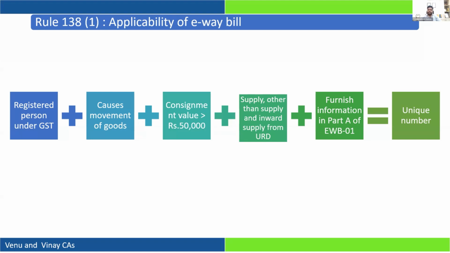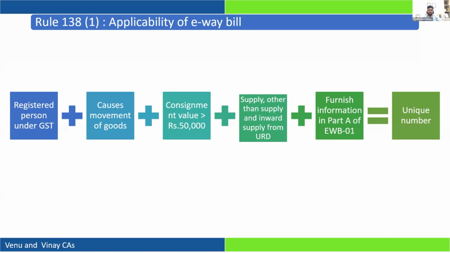Even if it is not a supply, even in the case of other than supply, we need to raise the e-way bill. Therefore, not only for supply, even for other than supply and inward supply from an unregistered party, in that case also we need to raise the e-way bill. So this is all about the applicability of the e-way bill.